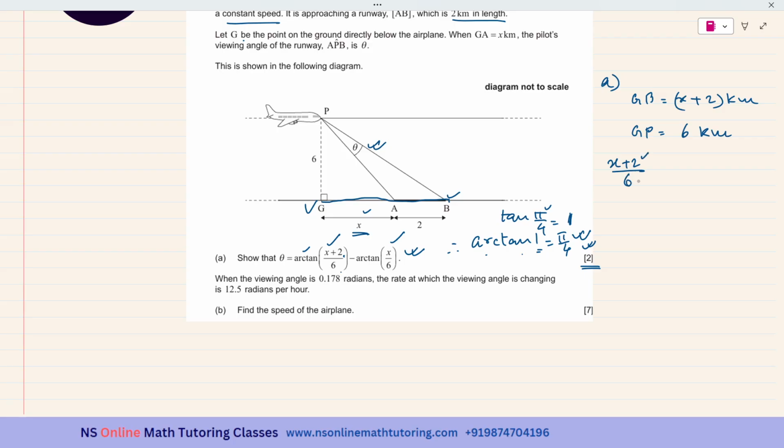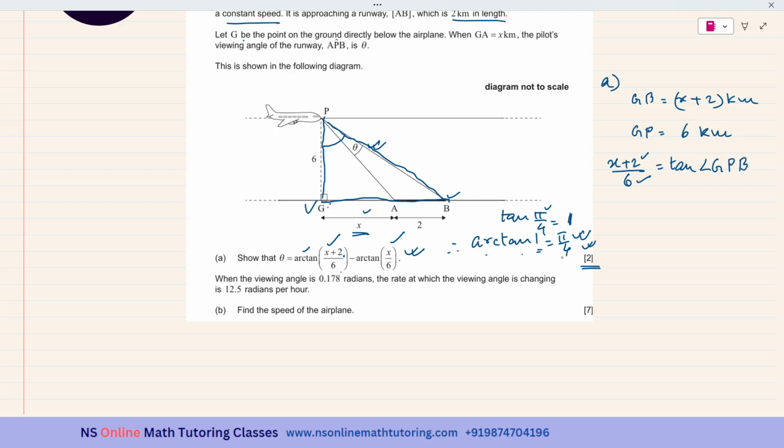This will be the opposite and this will be the adjacent. I'll be taking GB and GP, so I am taking this right angle triangle, the bigger one. From the right angle triangle PGB, (x plus 2) over 6 is tan of this angle. What is this angle? This is GPB. So this is tan of angle GPB.